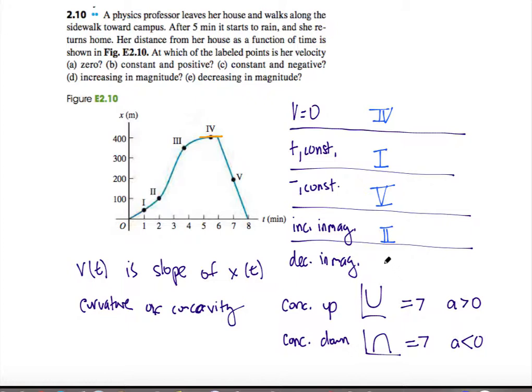So in this case, my decreasing in magnitude section would be right here at Roman numeral 3, where I have concave down as my graph. So again, we're looking at the slope of this graph, and we are also looking at the concavity of this graph in order to tell how velocity is changing. Moving on.